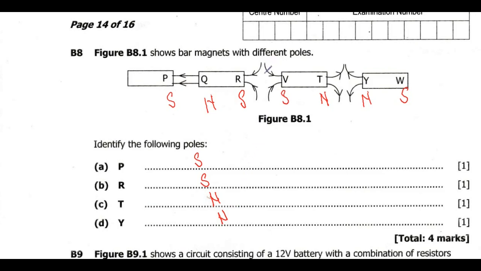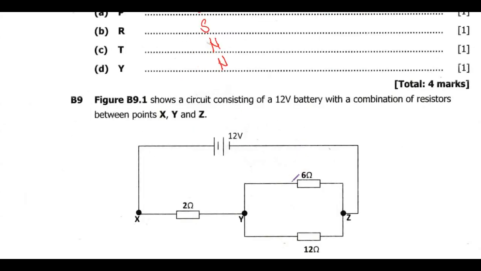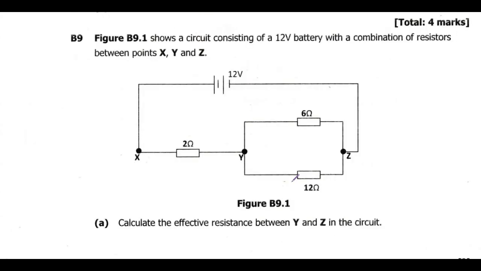And we go to question B9. Figure 9.1 shows a circuit consisting of a 12-volt battery with a combination of resistors between X, Y, and Z. Calculate the effective resistance between Y and Z in the circuit.